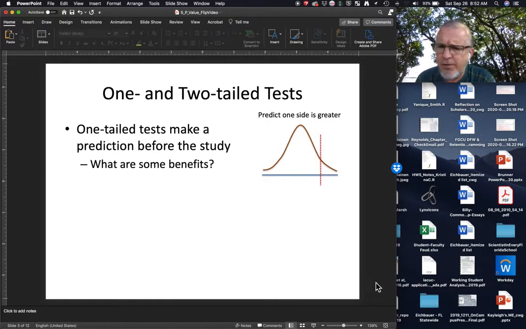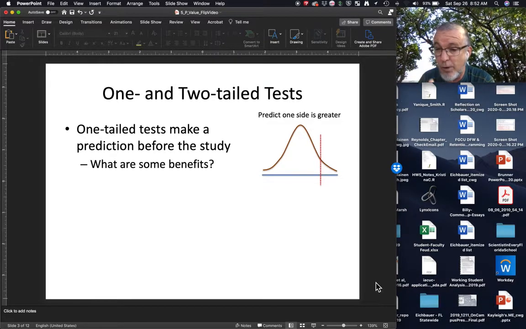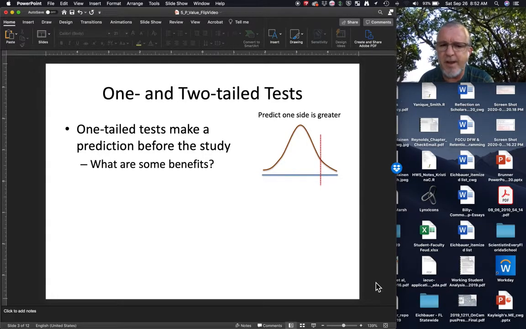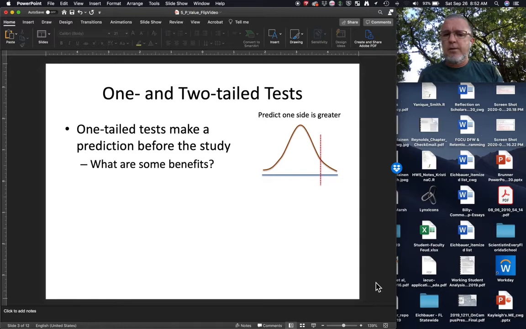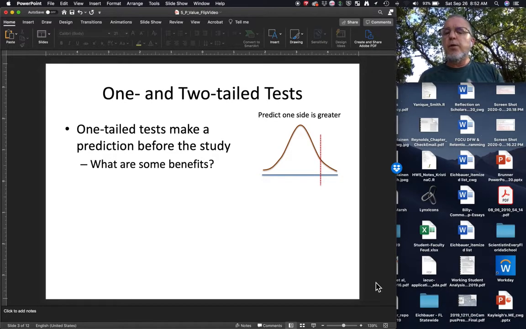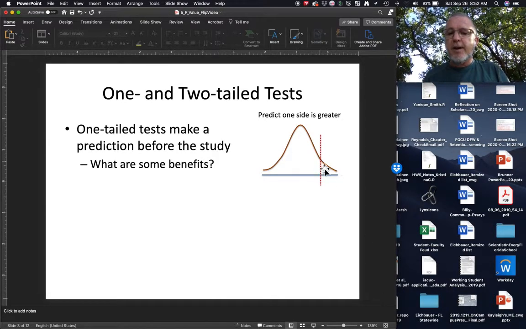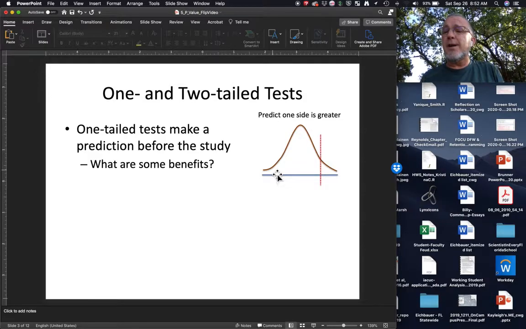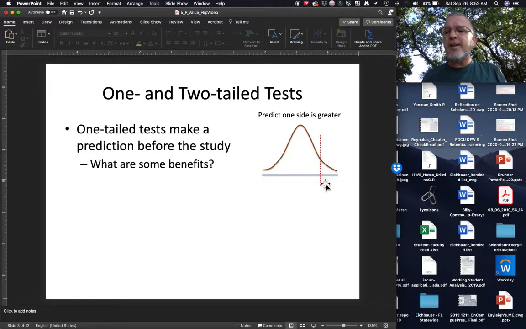Now, with p-values, we're going to start seeing things like one-tail and two-tail, and these describe different properties of our null hypothesis test. In a one-tail test, we start off with a prediction that one of our two sides is greater. So this might be the large side, and this might be the small side, and we determine before we collect any data that we expect one side to be greater.